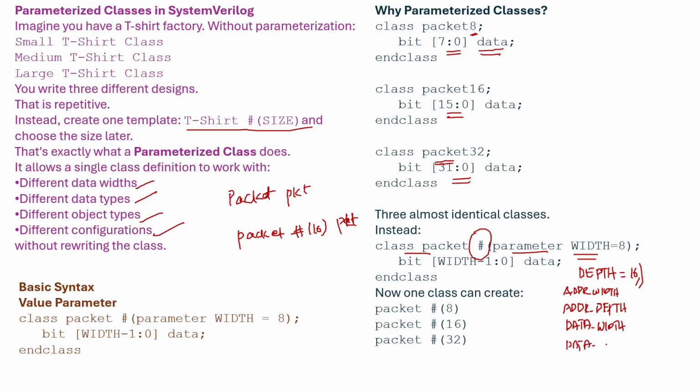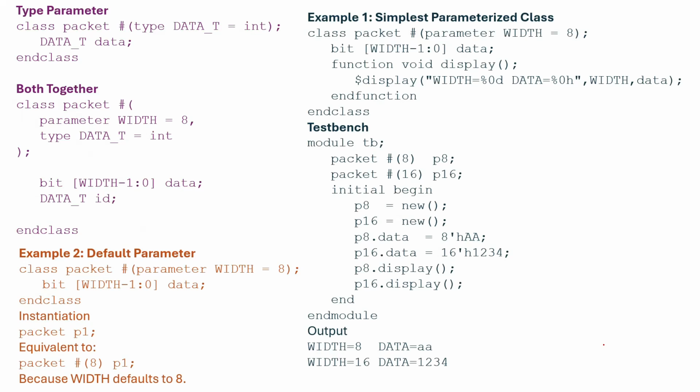In this way, multiple parameters we can consider. All these things can be overridden. And type also we can consider. We just use a comma to separate type and width.